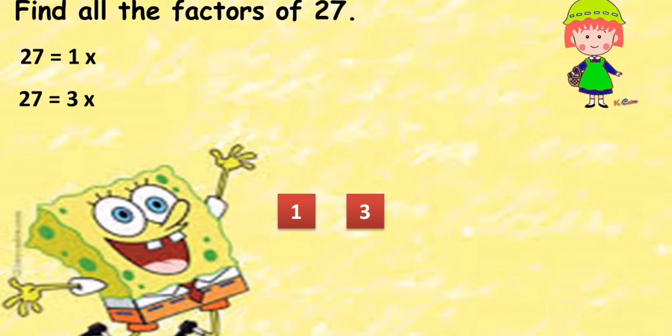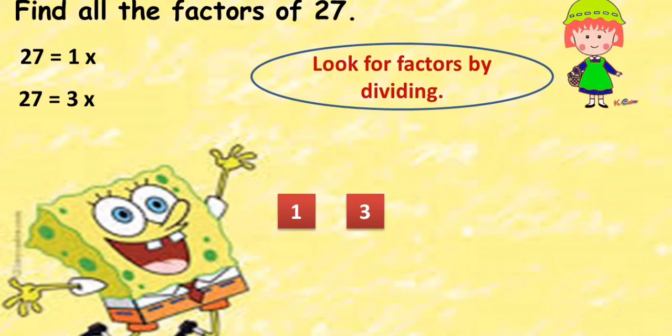And now, let's find all the factors of 27. We look for factors by dividing. 27 divided by 1 is 27, and 27 divided by 3 is 9.